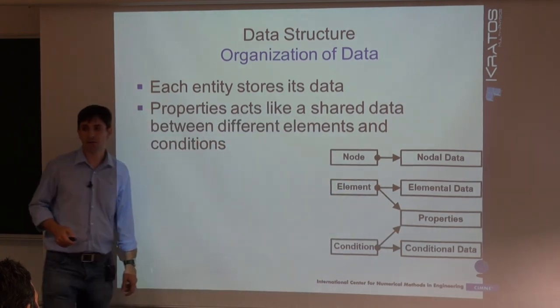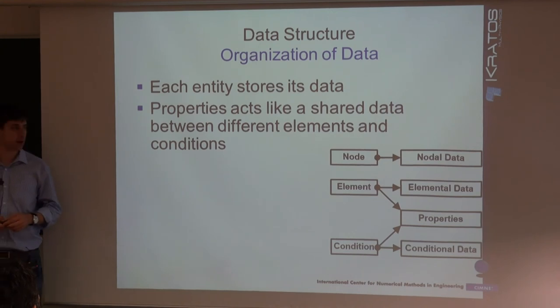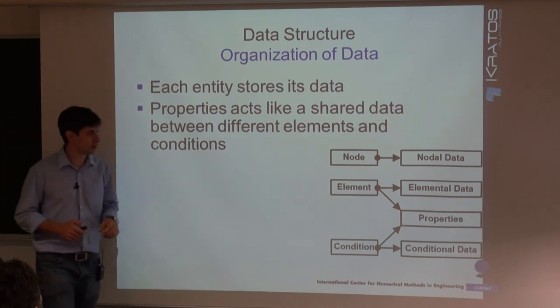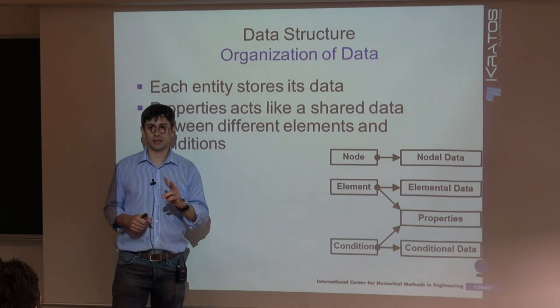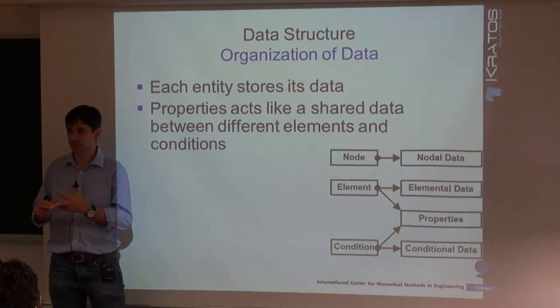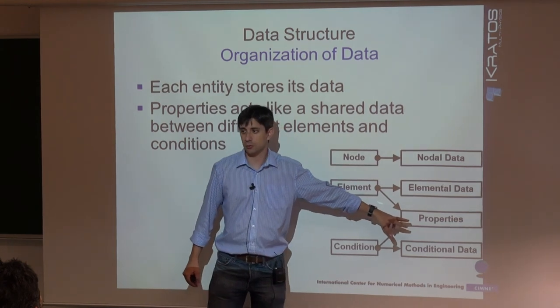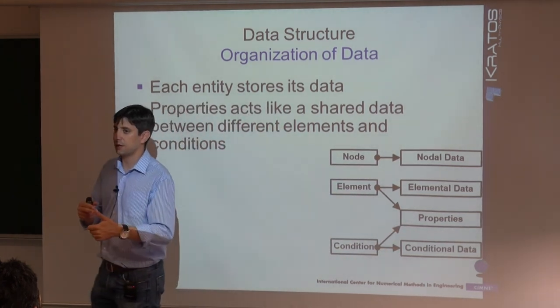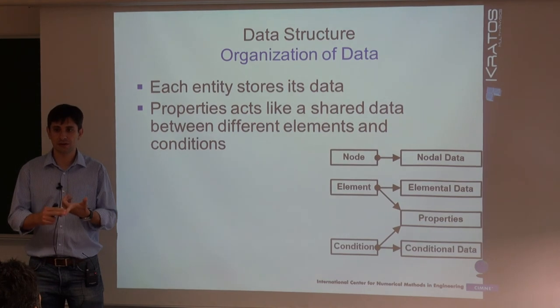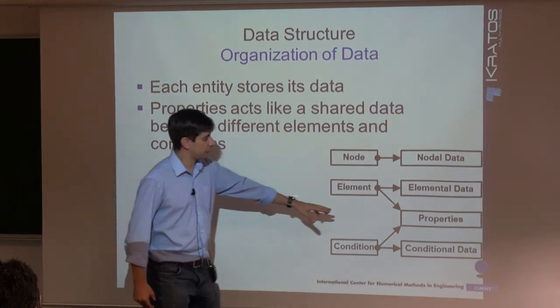You may have a computational mechanics model, a structure, and you may have two materials, for example, concrete and steel. And then you could have two properties only, one for concrete, containing the Young modulus, the density and this stuff, and another for steel.